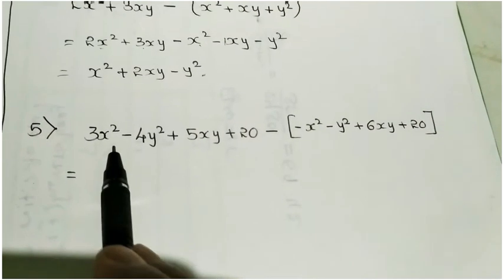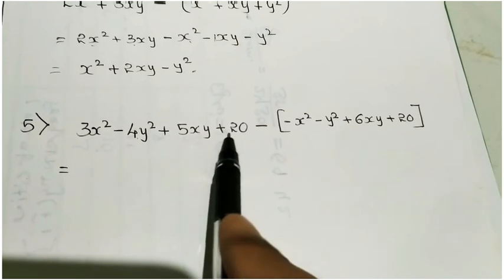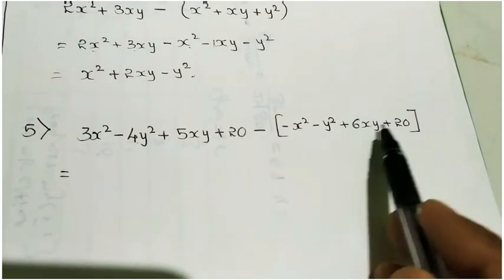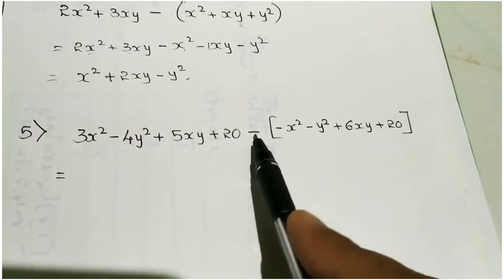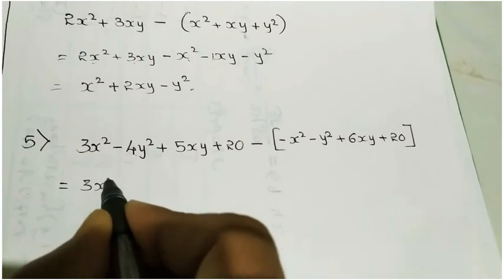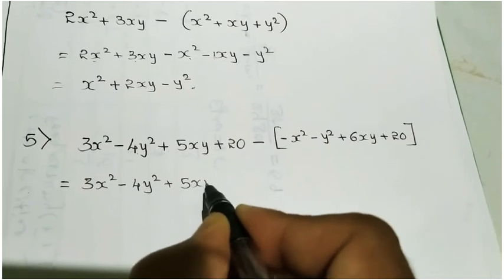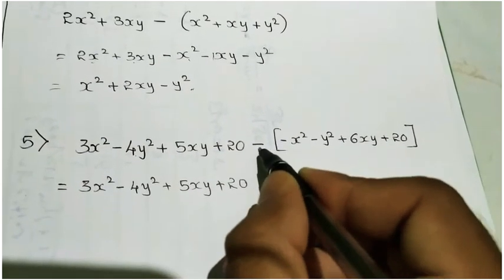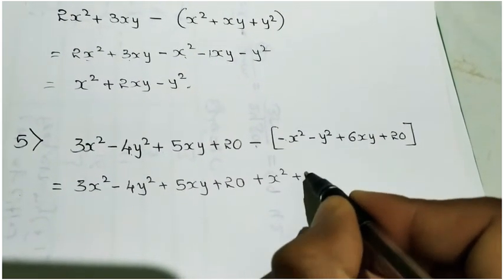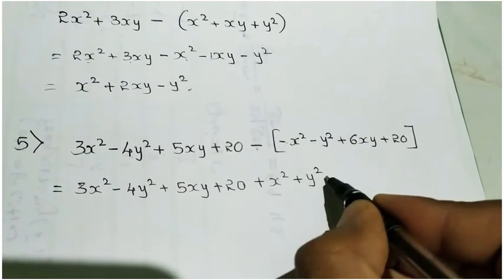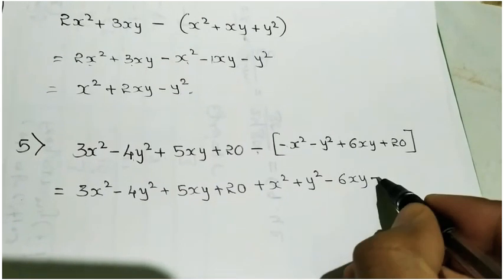So write in the form of subtraction: 3x square minus 4y square plus 5xy plus 20 minus of, so keep in bracket because here 4 terms are there with the negative sign. Okay, so simplify the bracket, 3x square minus 4y square plus 5xy plus 20, minus into minus x square, it will be plus x square, minus into minus plus y square, minus into plus minus 6xy, minus into plus minus 20.